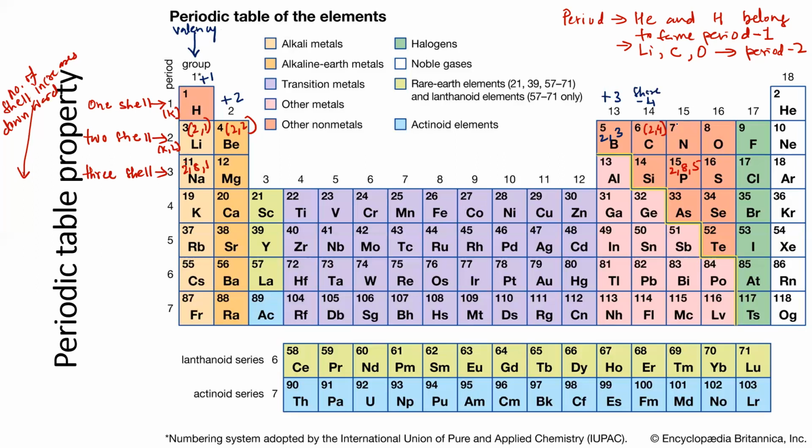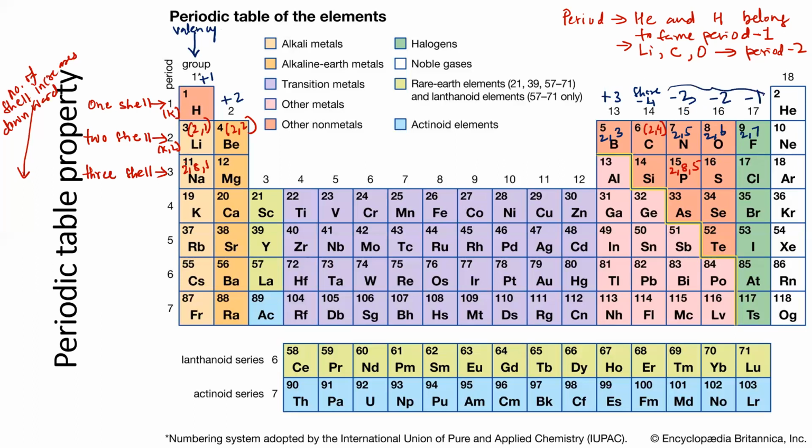Now nitrogen is 2, 5. So it can take, you see, so it will become -3. Oxygen is 2, 6. It will take 2, so -2. Fluorine is 2, 7. So it will take 1, so -1.